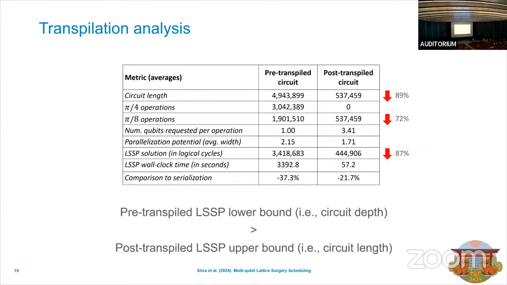Consequently, the parallelization potential, average width of the circuit, decreases because we have fewer parallelization opportunities. But we show that despite this reduction in parallelization potential, the reduction in the circuit length outperforms this. So we end up with an 87% reduction in the number of logical cycles to execute all the operations remaining in the circuit.